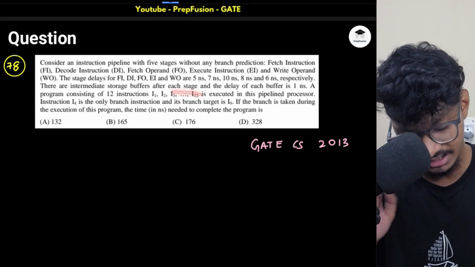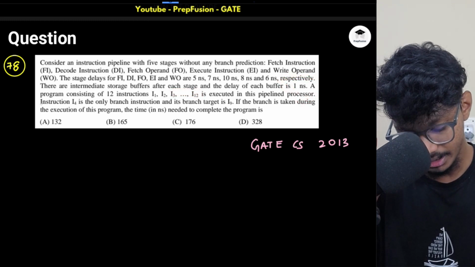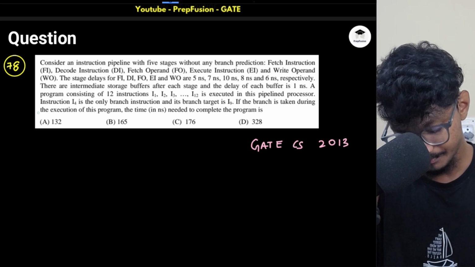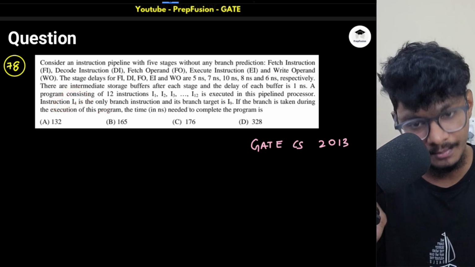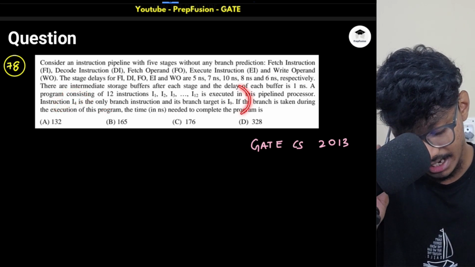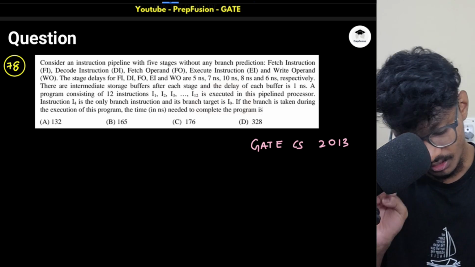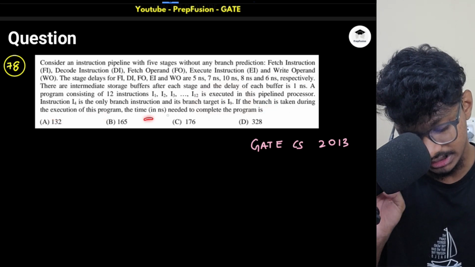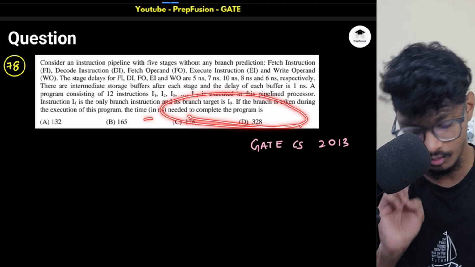Each stage delay is 1 nanosecond. A program consisting of 12 instructions is executed in this pipeline processor. Instruction I4 is the only branch instruction and its target branch is I9. If the branch is taken during the execution of the program, what is the time needed to complete the program?